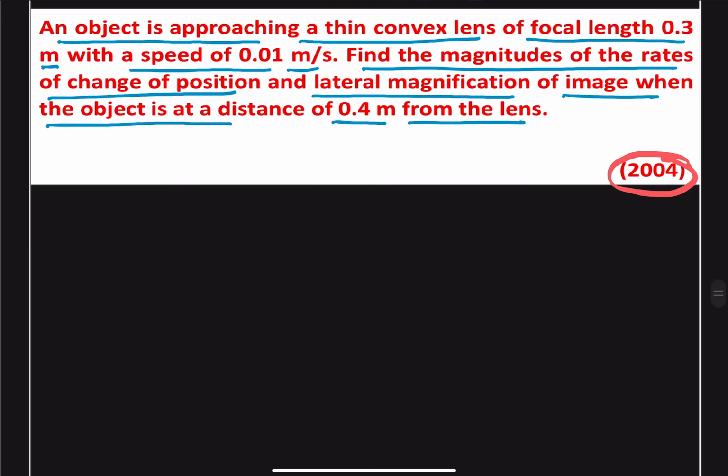So the first formula we are going to use is 1 upon v minus 1 upon u is equal to 1 upon f. We substitute the values, so we get 1 upon v minus, and this comes as minus of 0.4, is equal to the focal length given as 0.3.